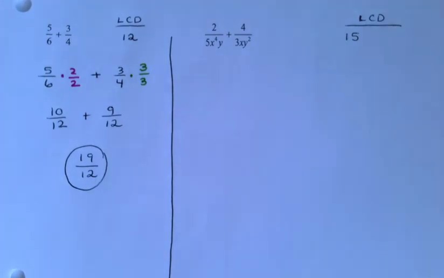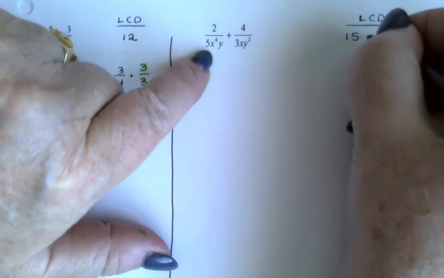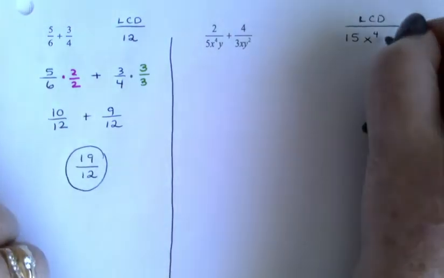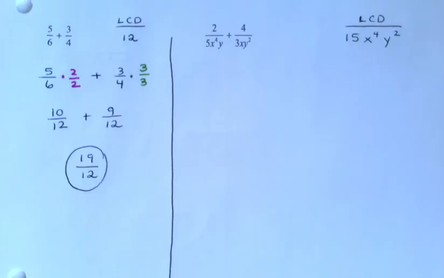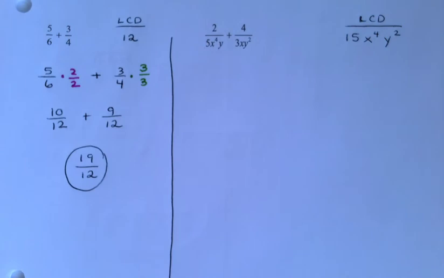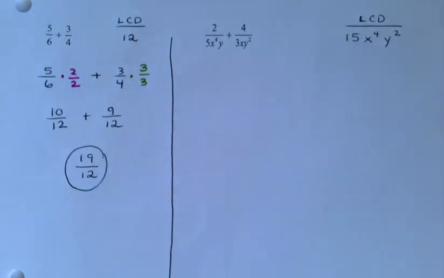With the x's and y's, if I just take the highest power of each one, so for the x's, I'll take the x to the 4th, and for the y's, I'll take the y squared. Because I've taken the highest powers, I'll now be able to multiply to fill in the missing pieces to create that LCD for both fractions.